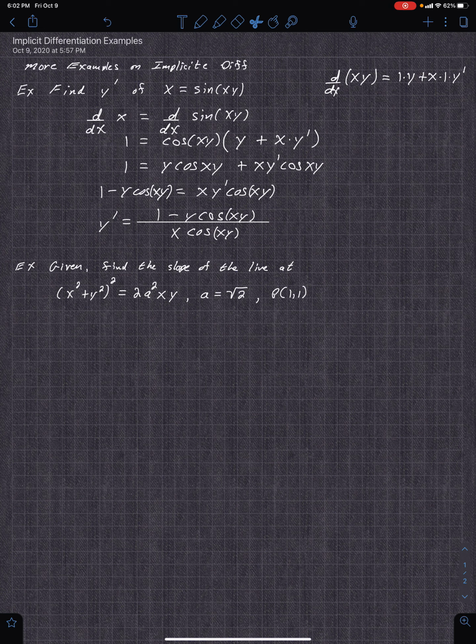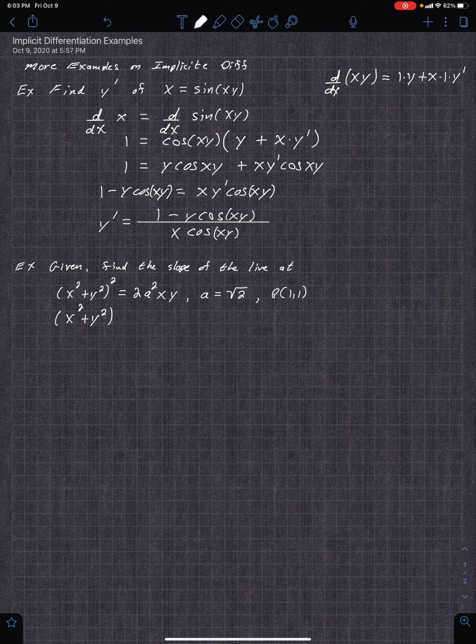It's called the lemniscate of Bernoulli, and it basically looks like this, on a diagonal. Don't need to know the graph. And in this case, they actually give you a, so we're just going to substitute a. That was just there to make it look nice. But that's given. So let's go ahead and substitute it first, and we get this.